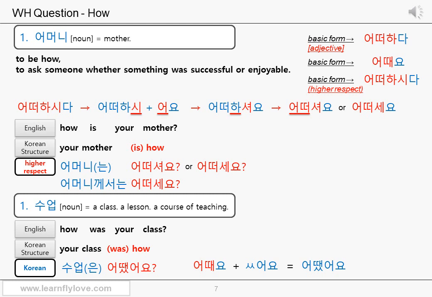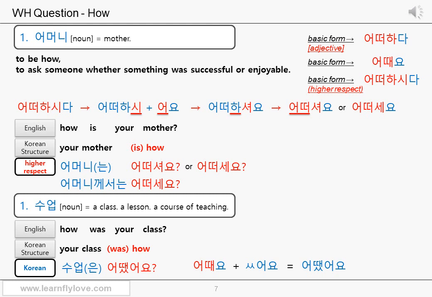So they got rid of the 하 sound and added only the 셔요 or 세요 sound. So it becomes 어떠셔요 without the 하 sound. 어떠셔요 or 어떠세요 would be fine too. 어떠세요 is used more commonly in real life conversation.